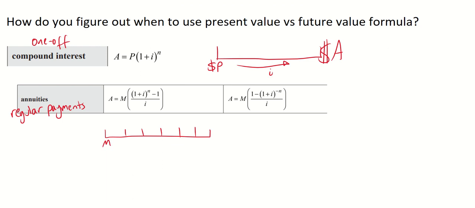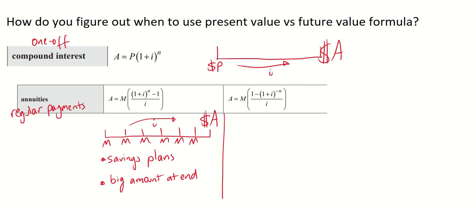So we're saving all the way, investing these little values M, and then at the end, we'll get a big value A because all of these little M's are experiencing that interest rate. So you'll use this formula generally for when people are doing savings, hopefully to get a big amount of money at the end, which they can use to buy something or possibly retire.